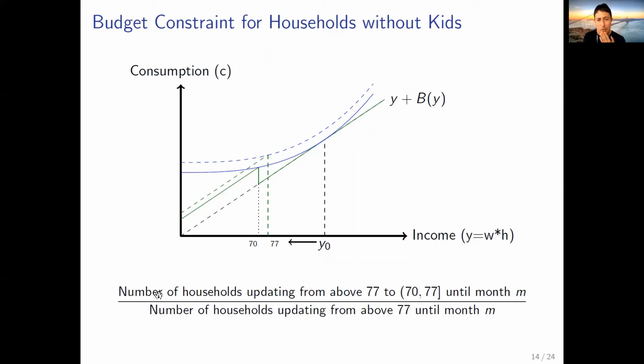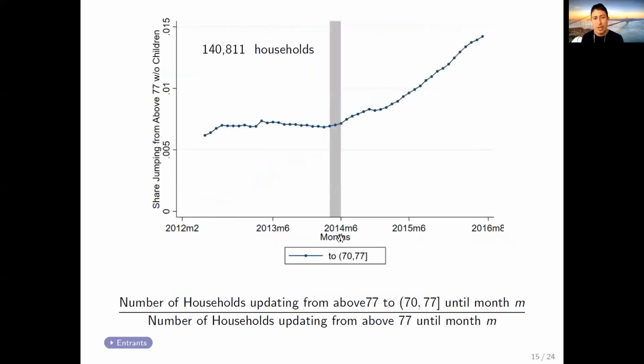Out of all the households that were above 77, so from this region, until each month M, what's the fraction of households that are updated to this precise interval between 70 and 77, which is the interval that became attractive with the reform? So basically, I'm going to be seeing people start jumping into the program once the reform kicked in.